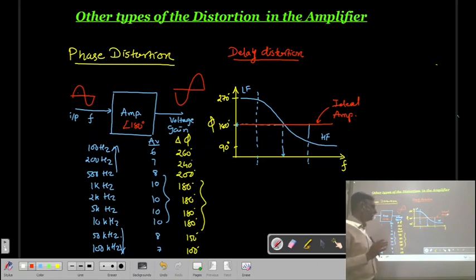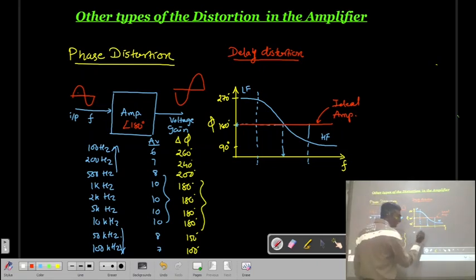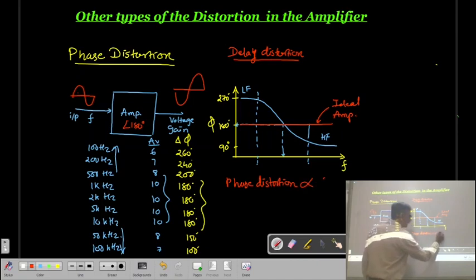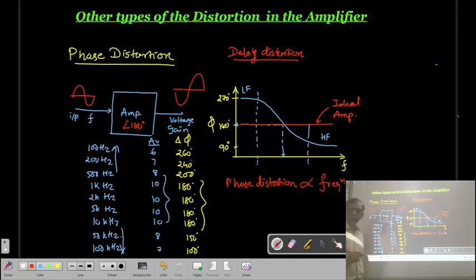If the phase distortion is proportional to the frequency, then again we have no problem. But if the phase distortion is different for different frequencies, then your picture is going to be smeared in a television, because I am talking about the video amplifier.